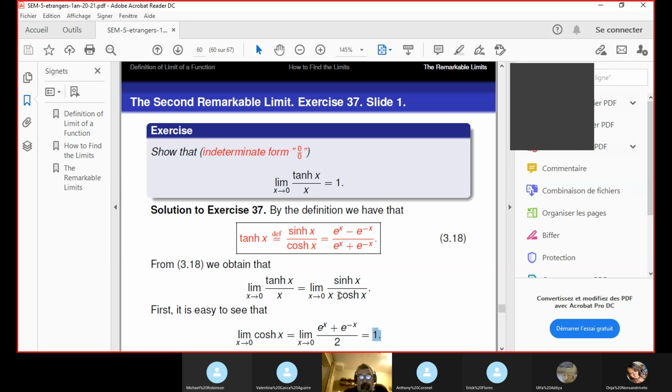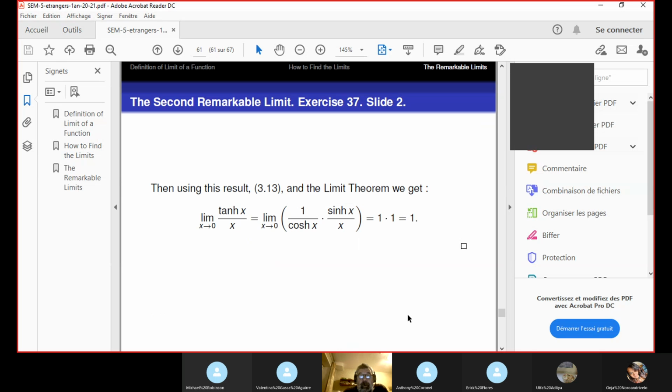So as for this hyperbolic cosine, we have no problem. So we have only hyperbolic sine of x over x. But we know this limit from the previous exercise.